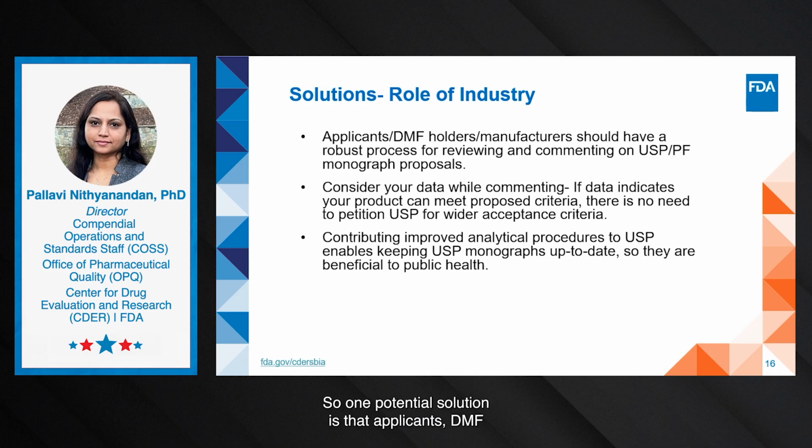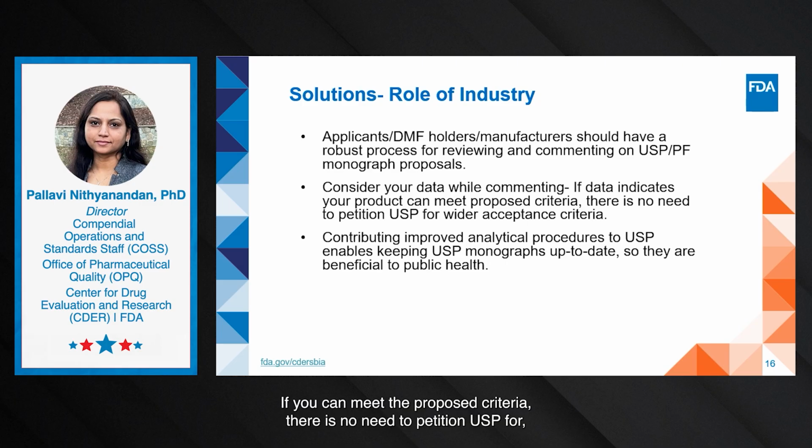So one potential solution is that applicants, DMF holders, and manufacturers should have a robust process for reviewing and commenting on USP PF monograph proposals, mainly to ensure that you are in compliance with the proposal, first of all, and if it is missing any key quality information, you are encouraged to provide that to USP, and also consider your data while commenting.